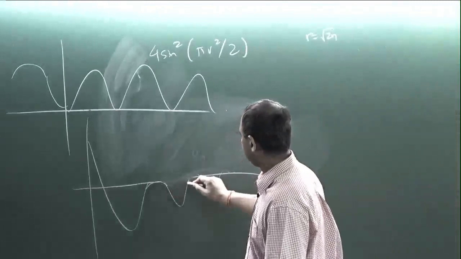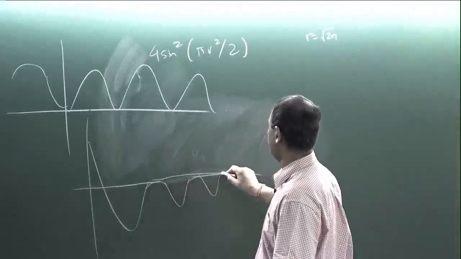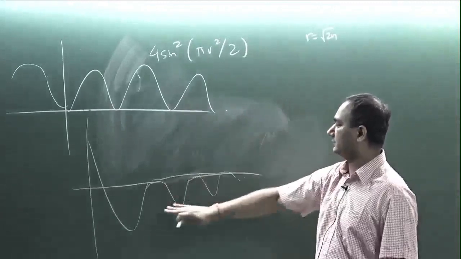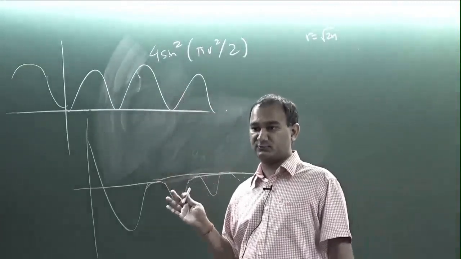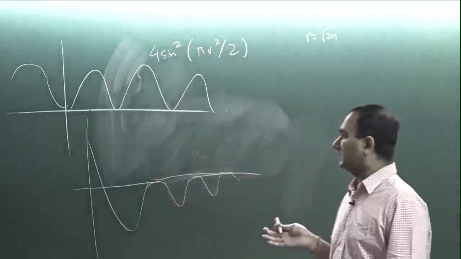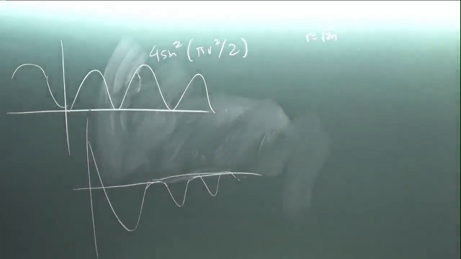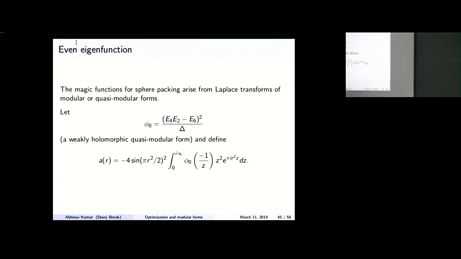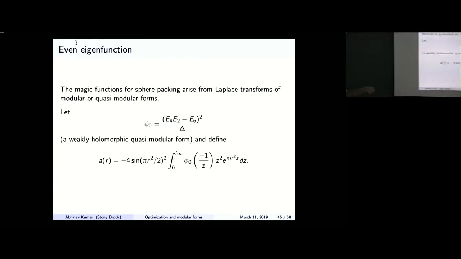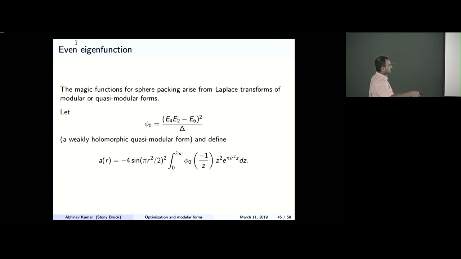We want something which has a single zero at the first one, at the square root of 2, and double zeros everywhere else, and also we need it to decay properly. And also we need its Fourier transform to be well behaved. What this kind of integral ends up doing is, first of all, you get a pole from this integral. You get a single pole at the first zero, and that makes it a simple zero rather than a double zero.